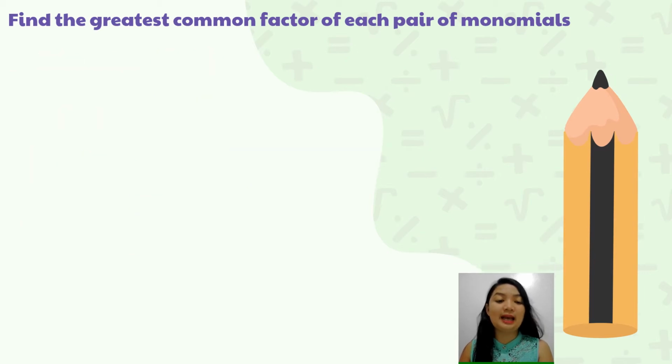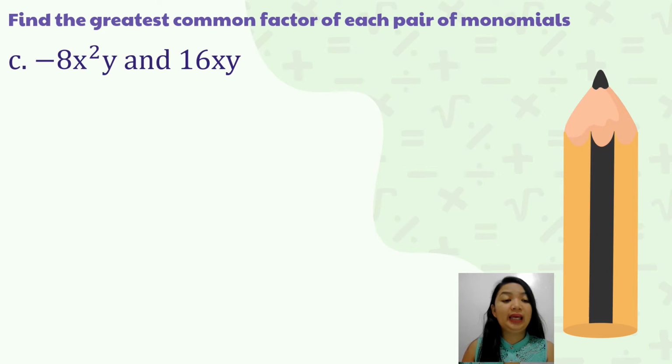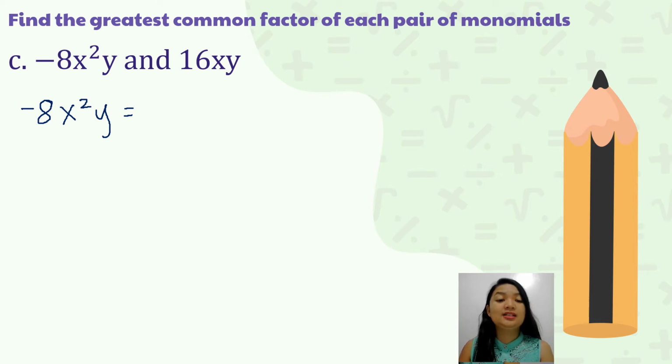For a third example, let us have negative 8x squared y and 16xy. We can write the factors of negative 8x squared y as follows. 8 is equivalent to 2 times 2 times 2, correct?